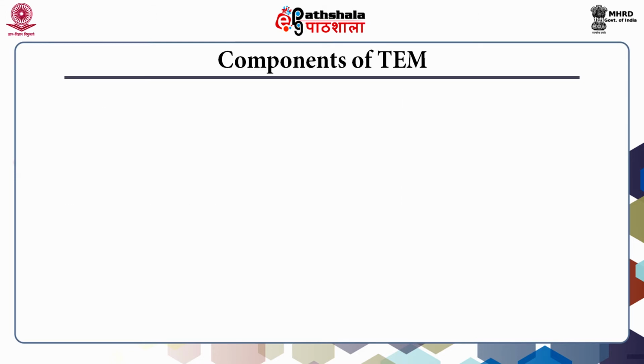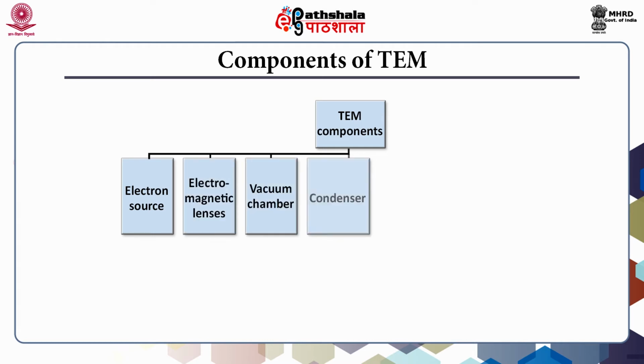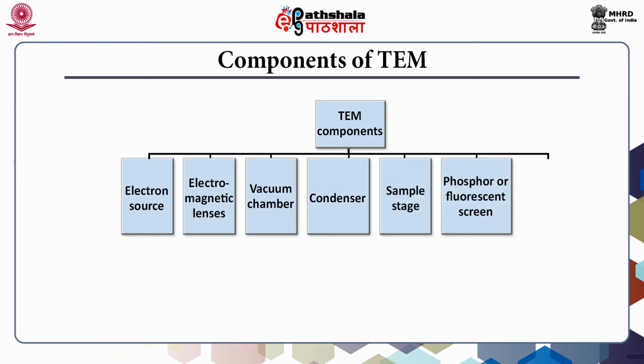This slide shows us the various components that are involved in the transmission electron microscope equipment. These include electron source, electromagnetic lenses, vacuum chamber, condenser, sample chamber, and phosphor or fluorescent screen.